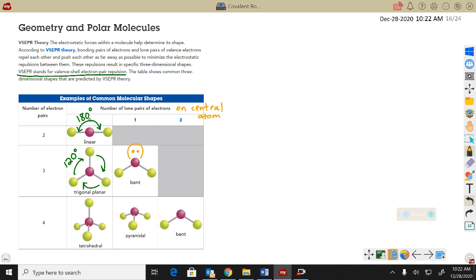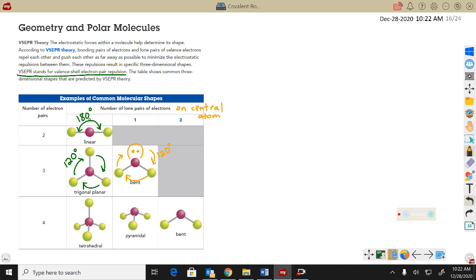It's still a pair of electrons, so it's still going to give me the 120 degree bond angles of a trigonal planar structure. But obviously it's not going to look the same because it only has 2 atoms. The third spot's not really an atom, it's a lone pair.